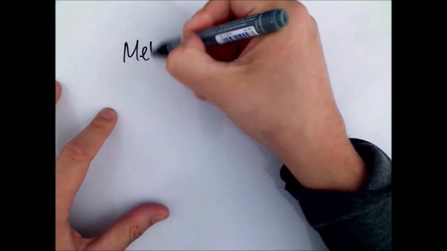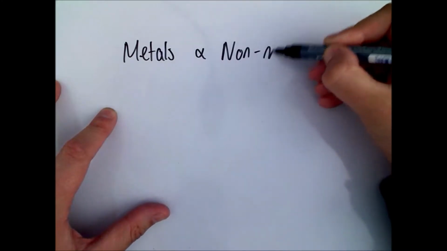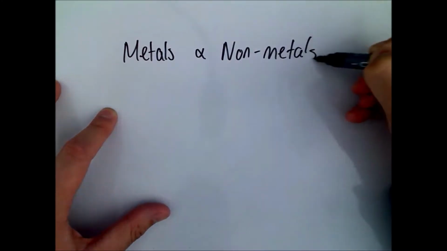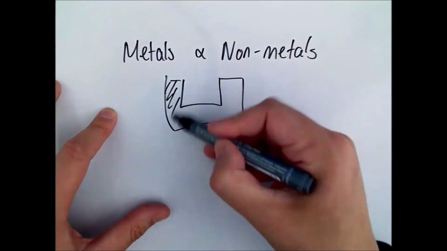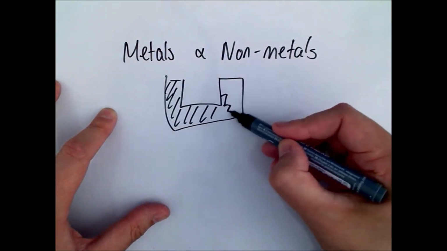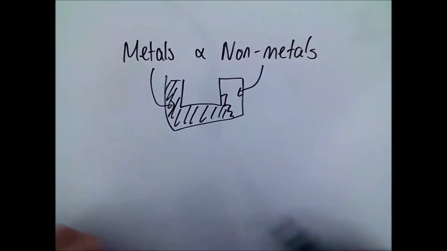It's between the ions of metals and non-metals. We know metals on the periodic table, you find them on the left-hand side of that stepped line. So metals on the left and non-metals on the right.